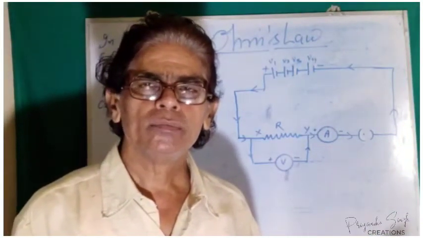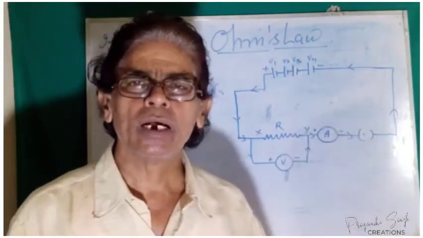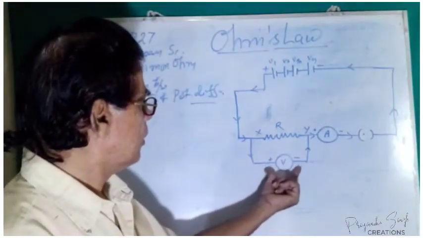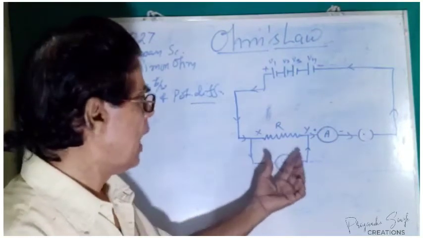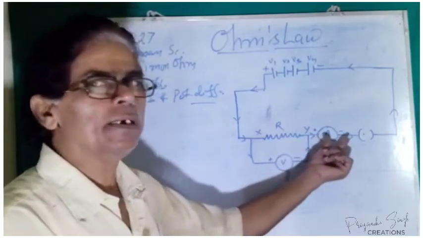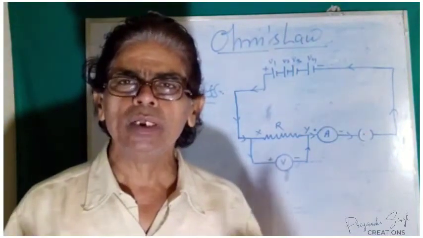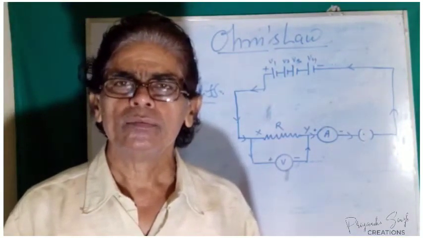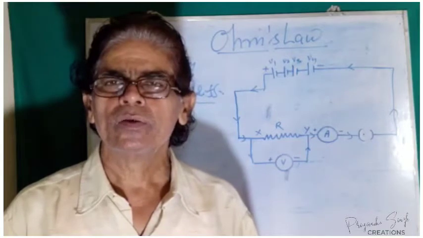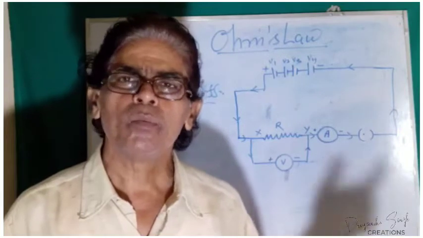And when the fourth cell is added to this series to increase the current strength, the potential difference is now V4, and corresponding to this potential difference V4, let the current be I4. So in this way, on increasing the cells, we can find the various readings of the electric current corresponding to the potential difference.